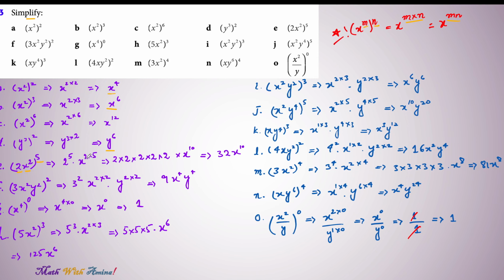So the index 2 gets multiplied with index 5. So 2 multiplied by 5 is equal to 10, and 2 multiplied 5 times we will get 32. So the final answer would be 32x raised to the power of 10.